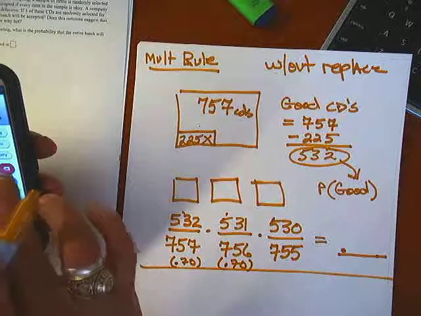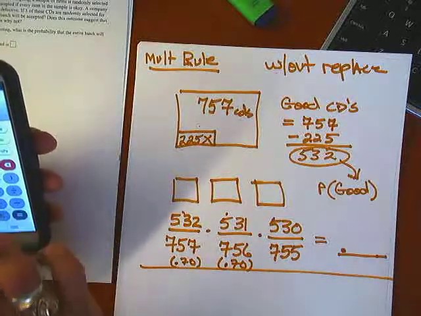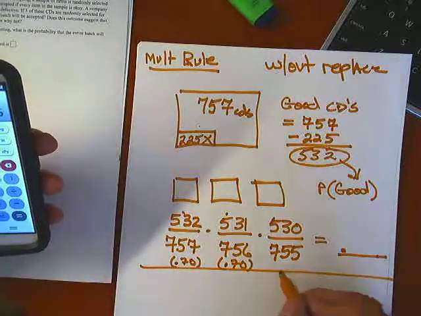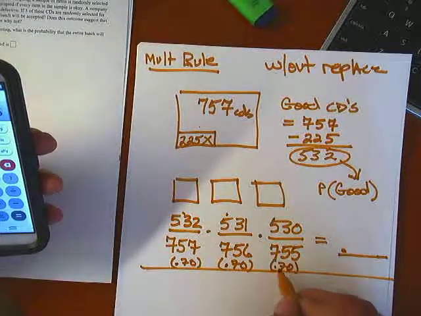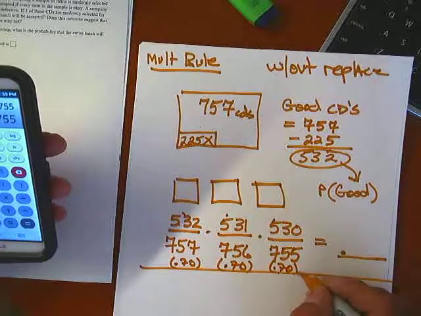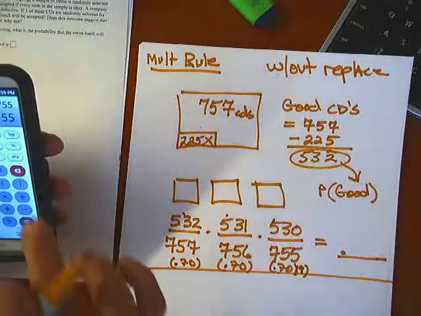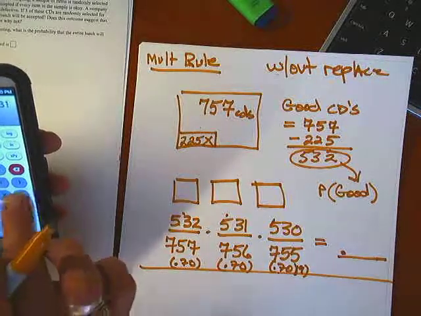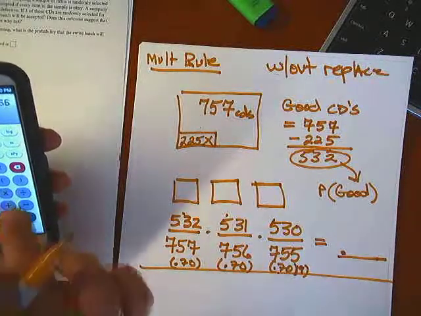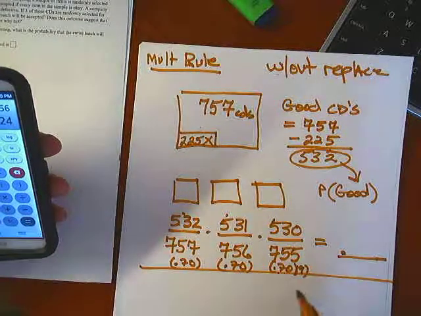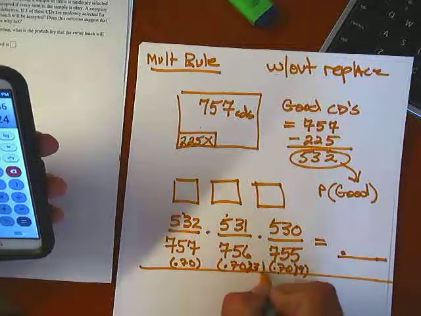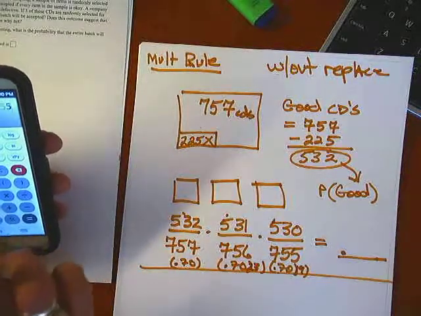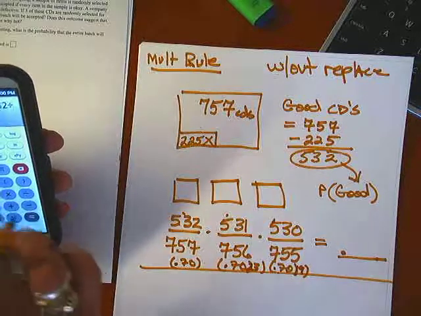Can't hit the right buttons. 532 divided by 757. And that's equal to 0.70. And then 531 divided by 756, and that's equal to 0.70 again. And then 530 divided by 755, and that's equal to 0.70 again.